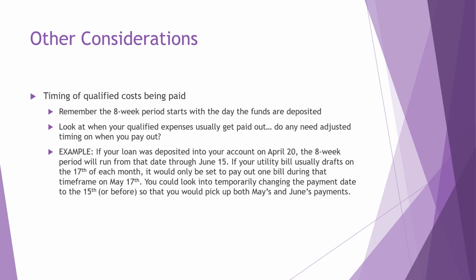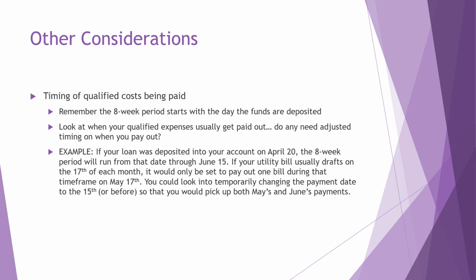So just for a quick example, we go back to the assumption that our loan was deposited in our bank account on April 20th, which made the 8-week coverage period April 20th through June 15th. If our utility bill is set to automatically draft on the 17th of each month, we would only be getting one utility bill paid out during our coverage period.